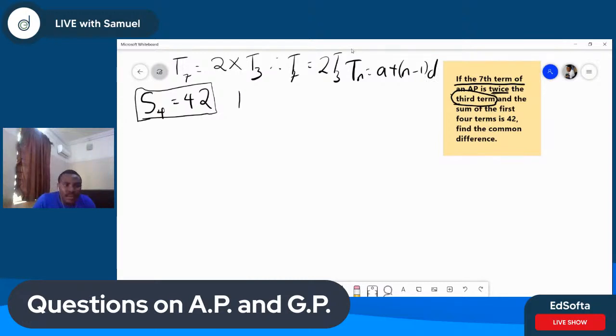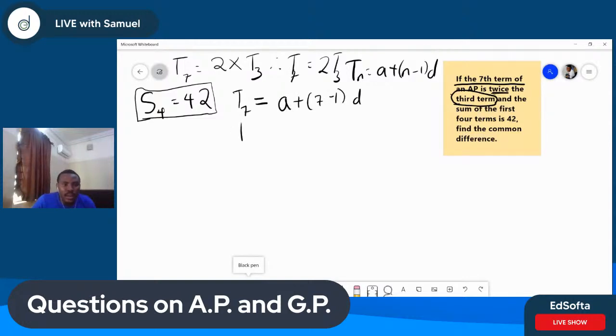So our T7 would be equals to A plus 7 minus 1d.